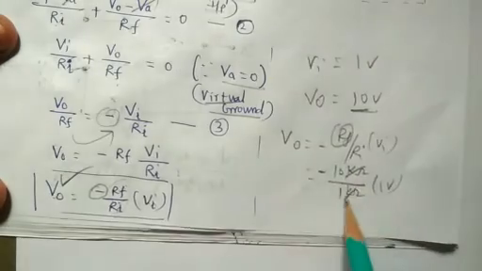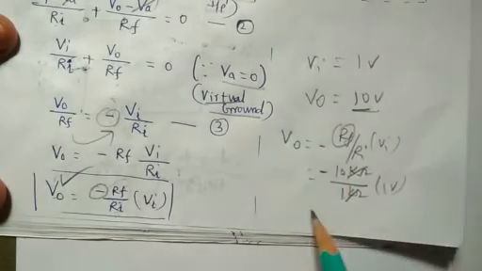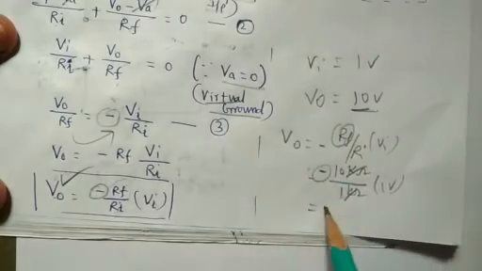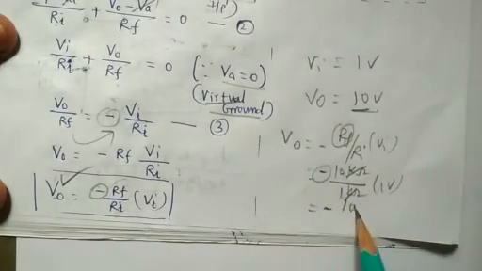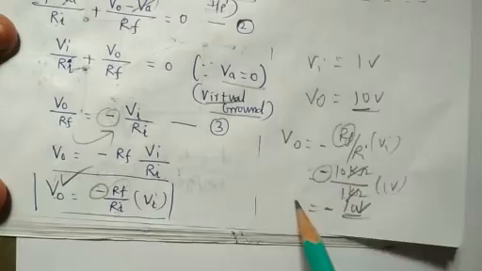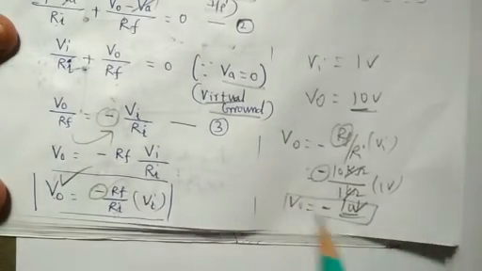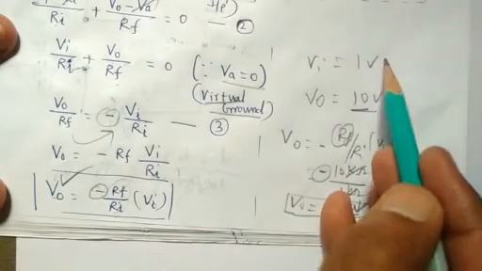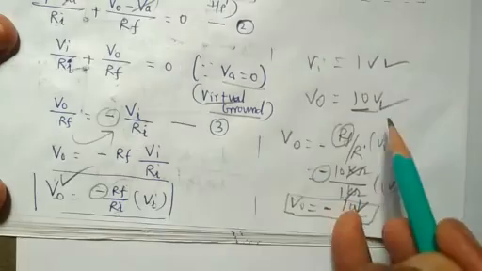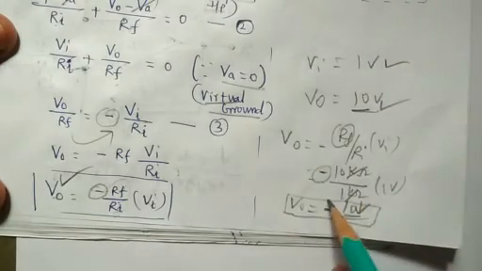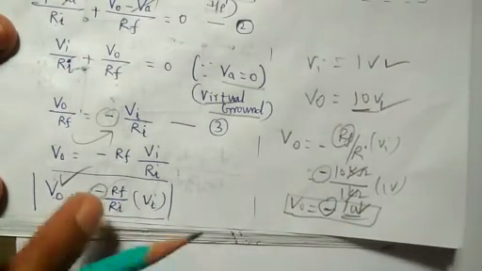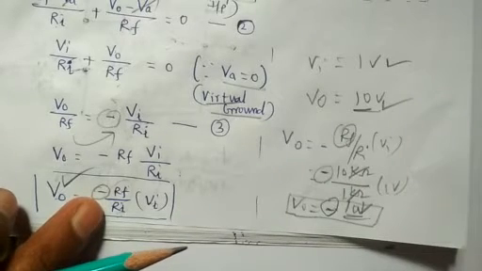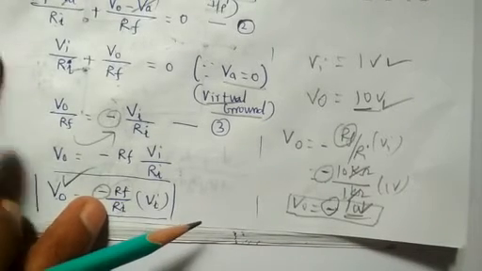The kilo ohm will cancel, 10 by 1 is 10, and you'll have minus 10 into 1 volt, which is 10 volt. You will be able to get, according to the requirement, 1 volt you are giving, 10 volt you are expecting. But because of the minus, the resulting signal will be a 180 degree phase shifted version of the input.